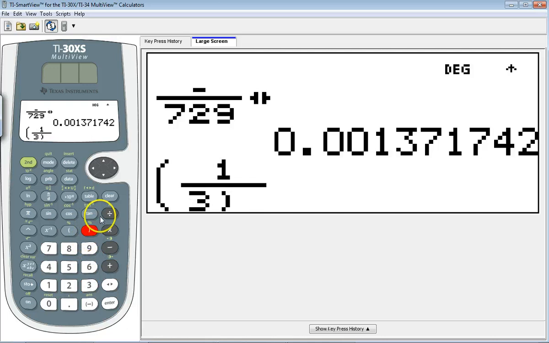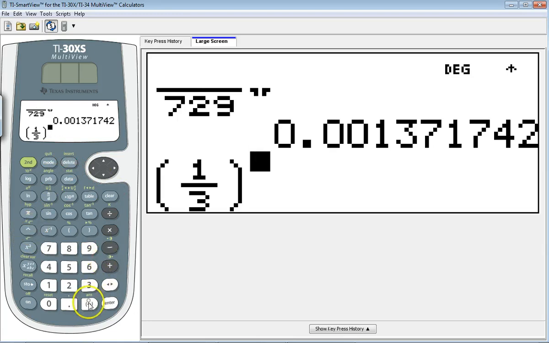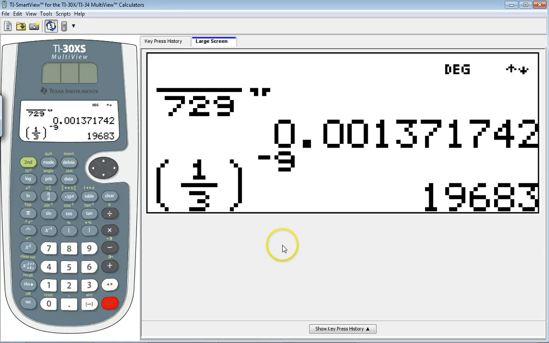1/3 to the negative 9 power. Okay, 19,000 something. That's a nice big number. What's the next one?